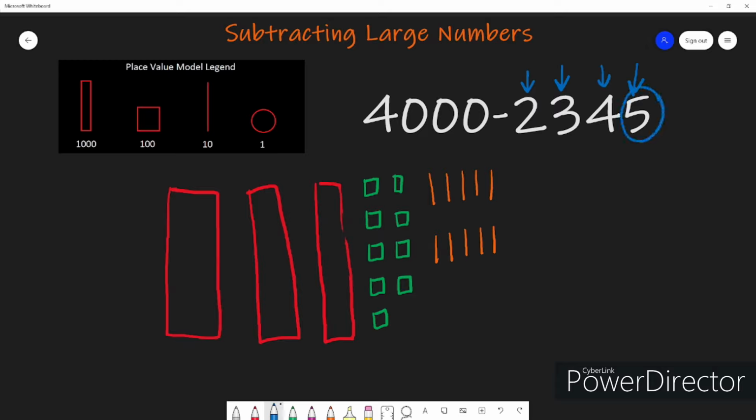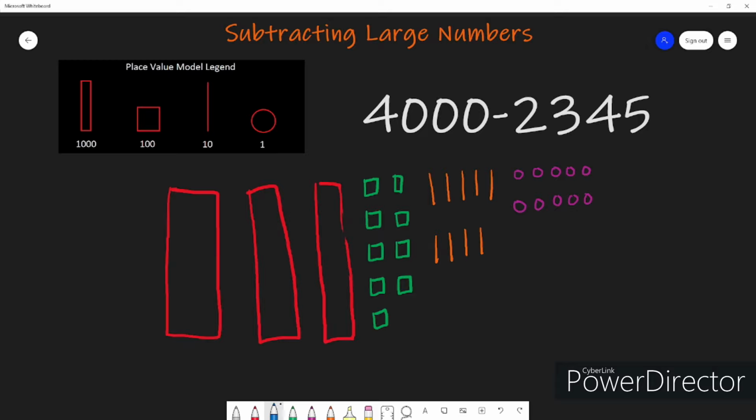We don't have any fives. So now we need to remove a 10 stick in order to have enough dots to satisfy subtracting. And there you have it. We now have each place value satisfied within a place value model so we can visually see 4,000 as enough to begin subtracting. So let's go ahead and start doing that.